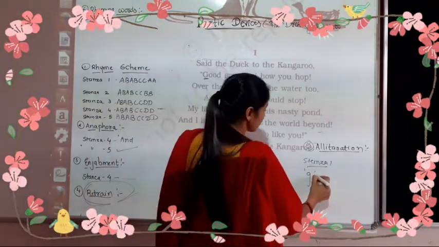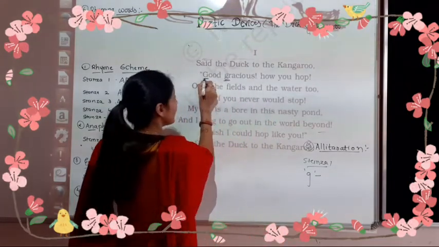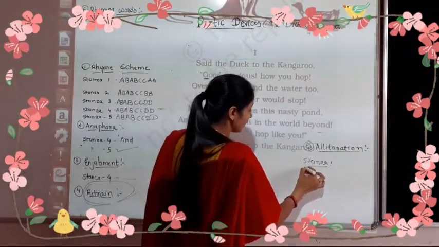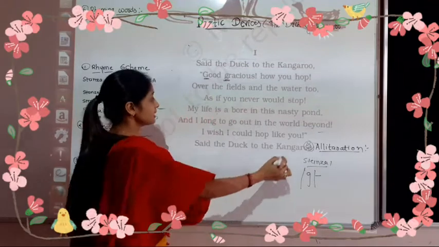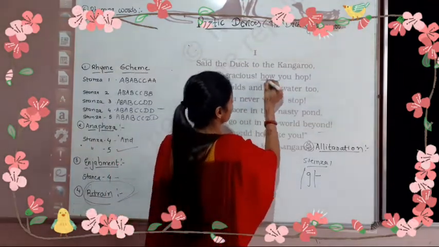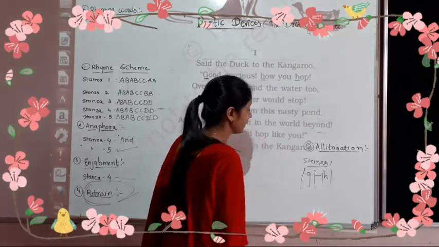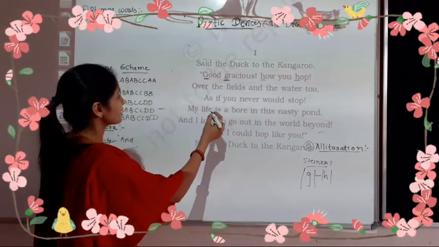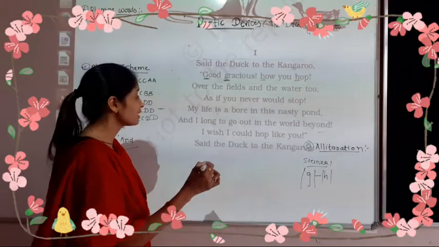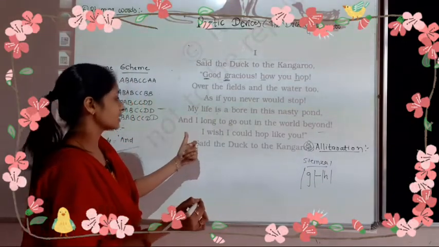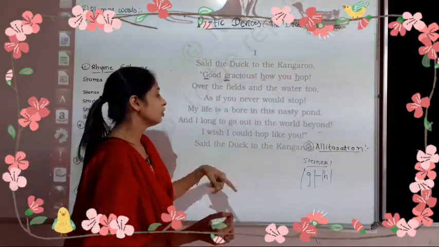You will write these two words, underline G and write it in a phonetic way. Another is H, hope and how. So H sound is also repeated. You have to find the others yourself, because it's the example of alliteration you will write.